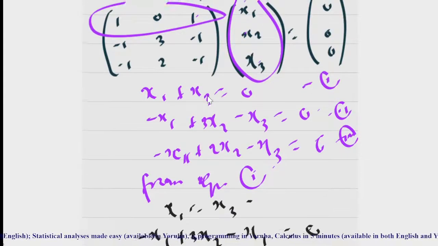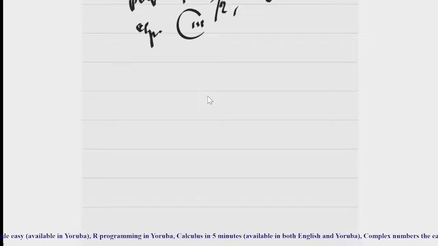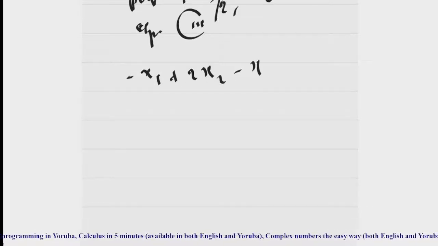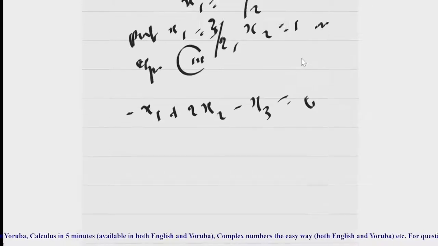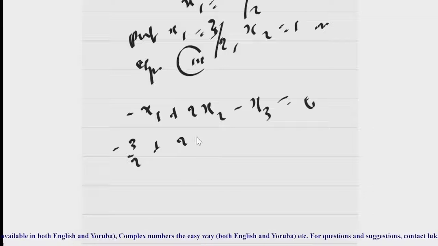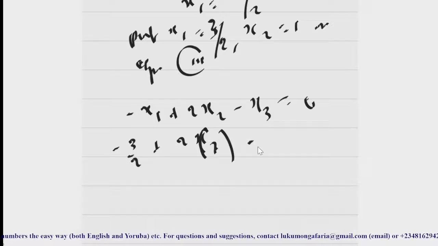And you know for your equation 3, I have minus x1 plus 2x2 minus x3 is equal to 0. Okay, let us substitute it. And this minus 3 over 2 plus 2x2, x2 is 1, right? That's 2 into 1 is equal to x3.